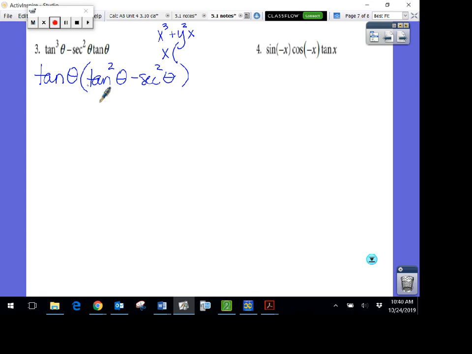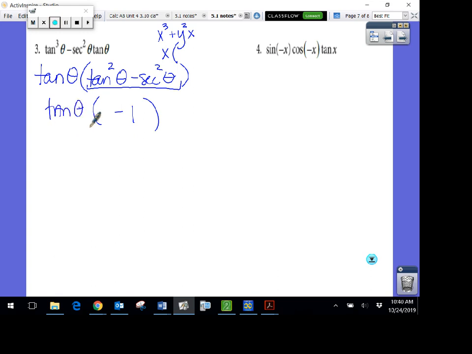All right, so now does this look like anything on our Pythagorean identities? Those words go together. Tangent squared theta plus 1 equals secant squared theta. So if I brought that secant squared over to the left, I'd have to bring the 1 over to the right.